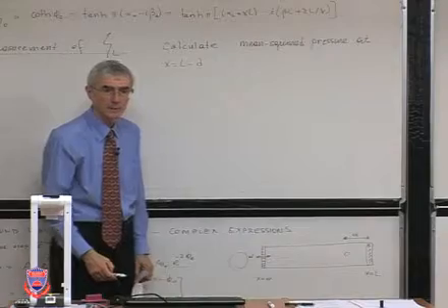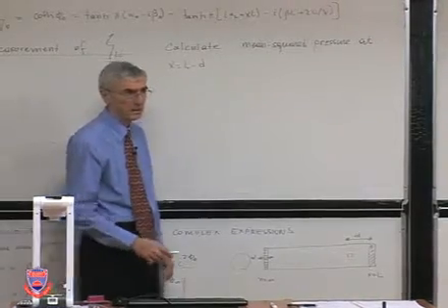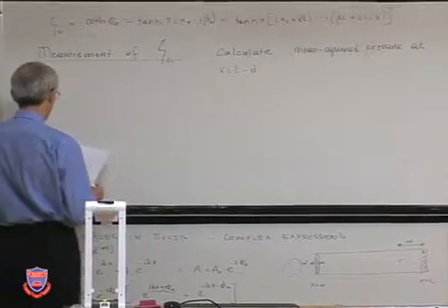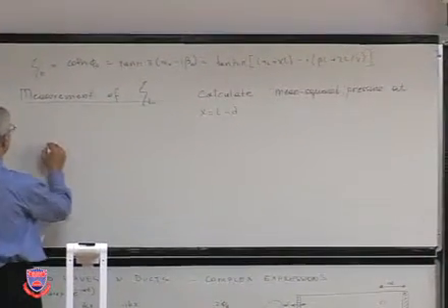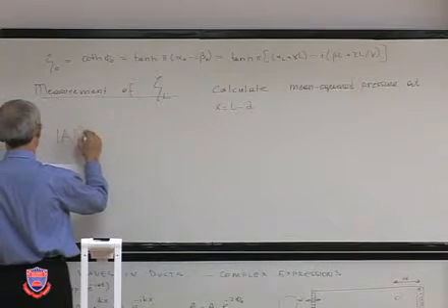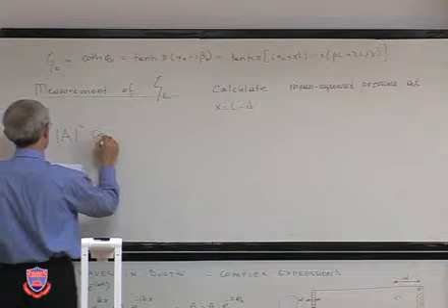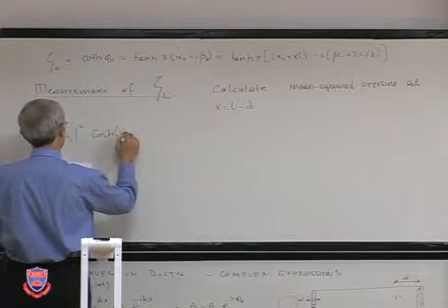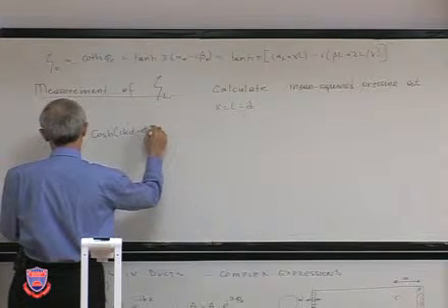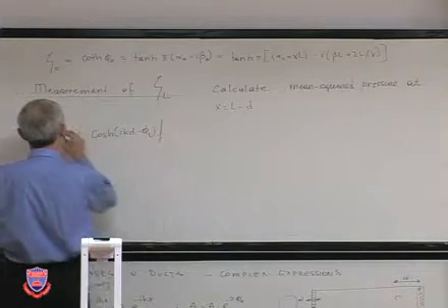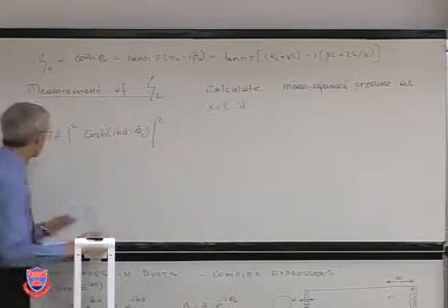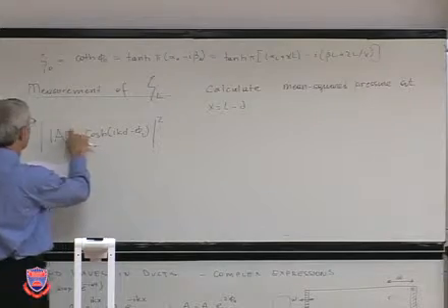At distance L minus D, that's what we want to calculate. And that expression is the mean squared pressure that we want to calculate.